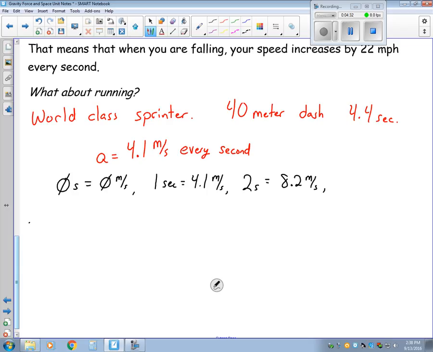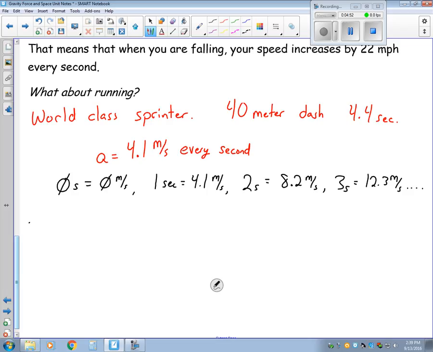And then after 3 seconds, 12.3. We can keep going. Eventually, once you reach 4.4 seconds, you can calculate then how fast they will be traveling.